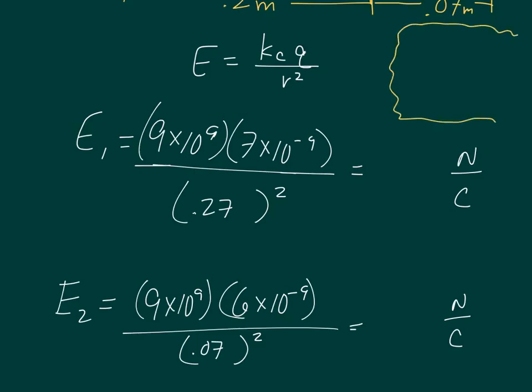What do you got, Nat? 20.4? Yeah. And the second one? Oh, that was his one. That was the second one. Sorry, I didn't see. I was looking at the top.